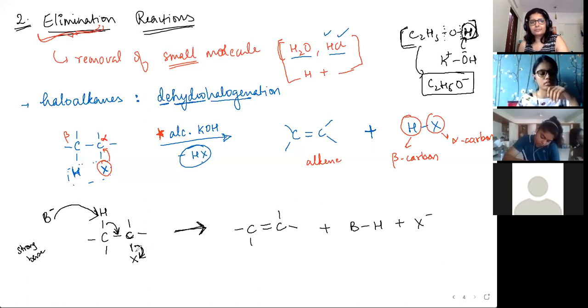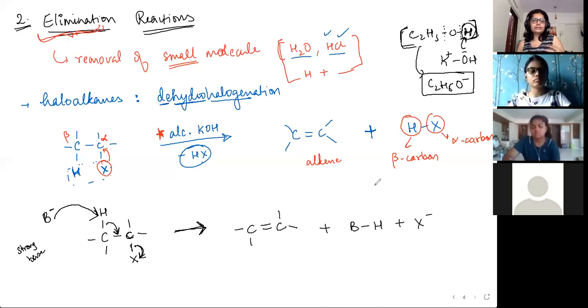Chlorine being more electronegative takes electrons, and that's how you get your products. Technically, if you look at the molecular level, this is what is happening. But overall, the net thing that you observe in the solution is elimination of HX and formation of an alkene. That's all we observe.